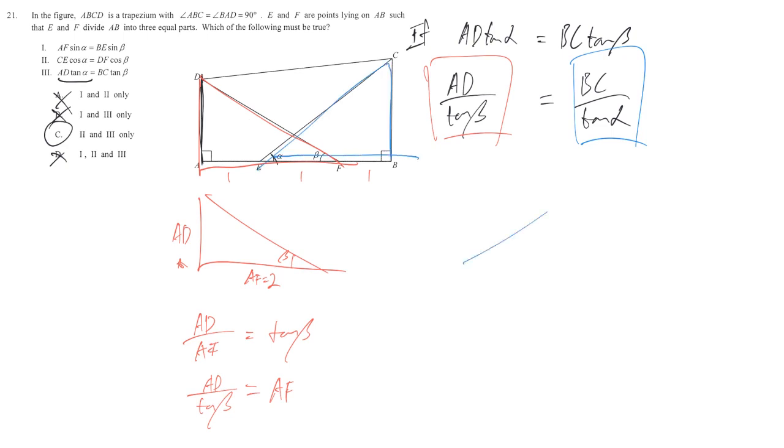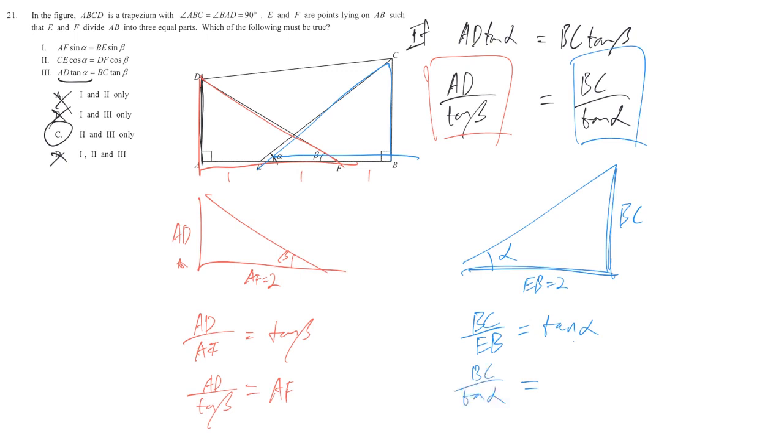Another part, we are going to do similar thing. So this is BC, and then this is alpha. To compare tangent alpha, we need to compare these two lines. We need to compare EB, that means 2 here. So BC divided by EB is equal to tangent alpha.